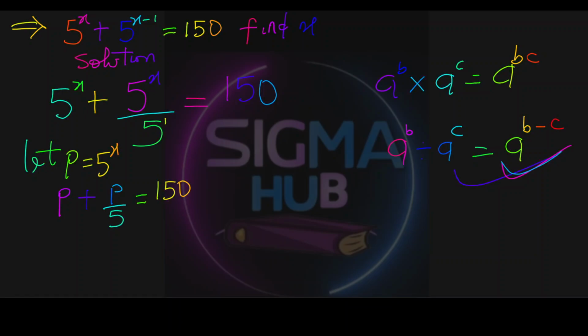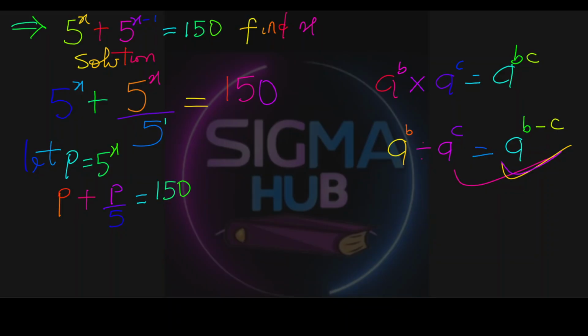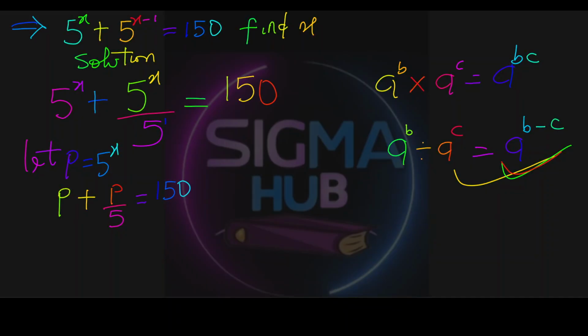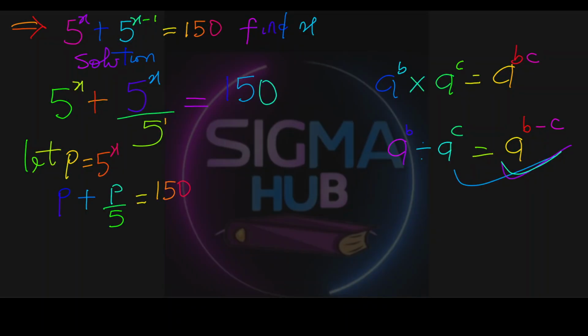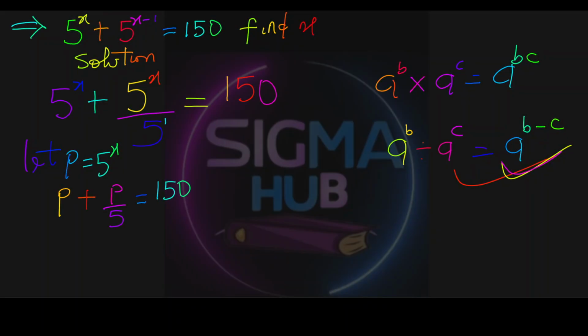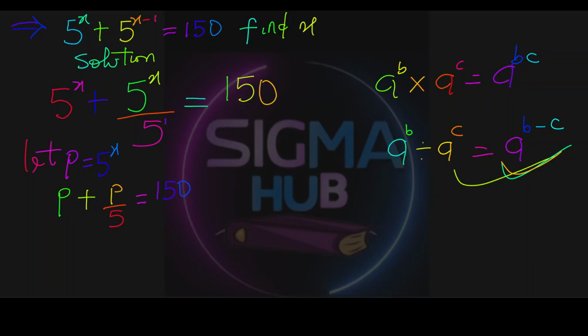Of course, we need to multiply all through by the LCM of the denominator, which is 5. If I multiply through by 5, I get a straight linear equation instead of having a fraction.